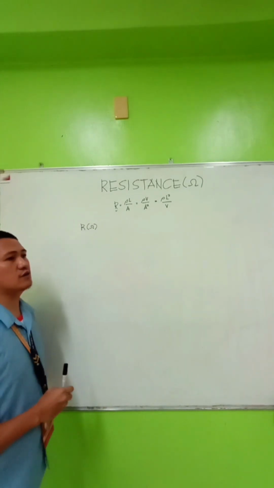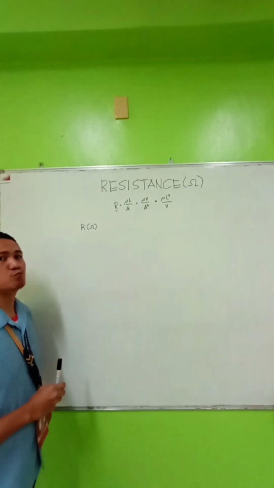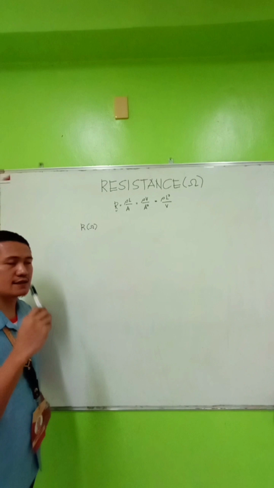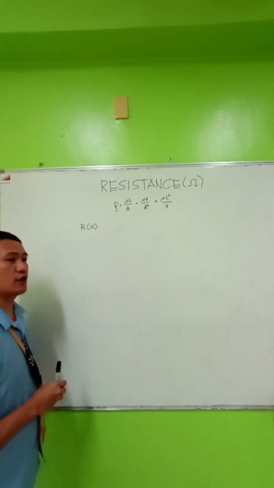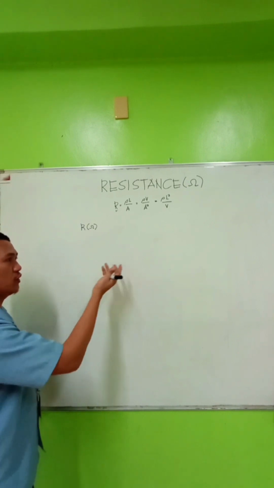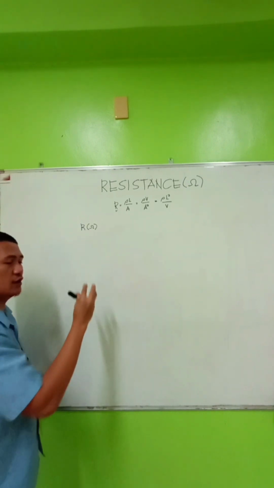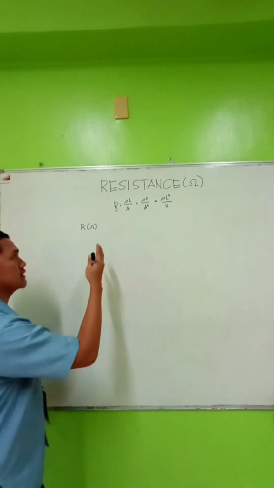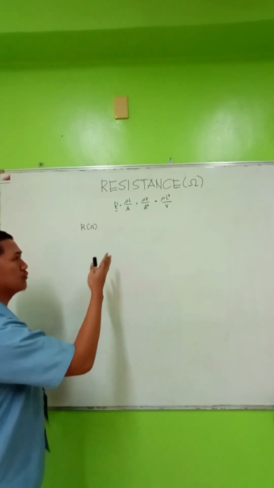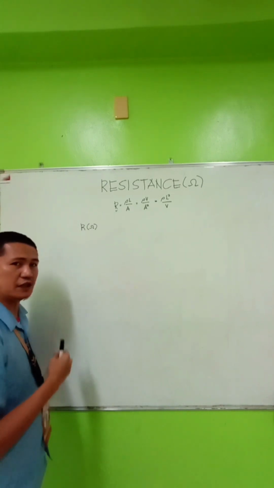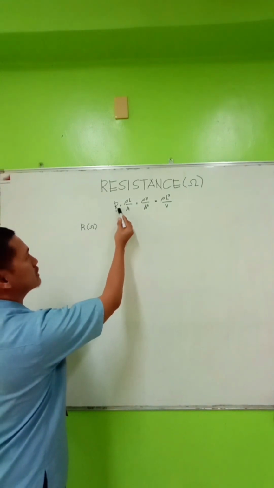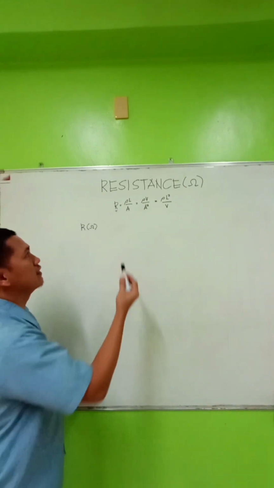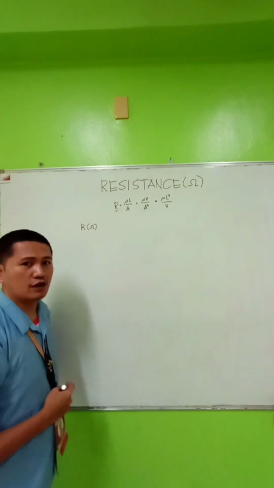What other factor affects our resistance? Yes, the cross-sectional area of your conductor, whatever the shape of the material, whether it's cylindrical, in bus bar shape, or in a cubical shape. So it is inversely affected by the cross-sectional area.